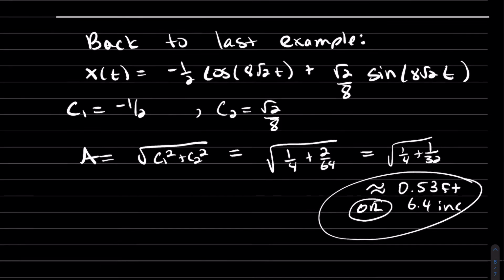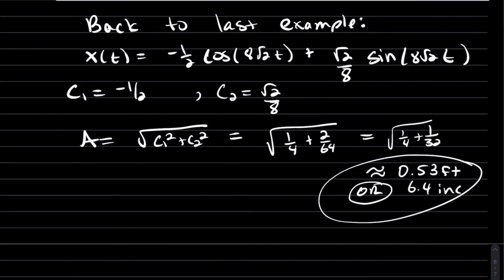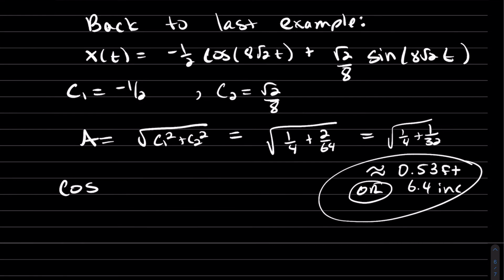Okay, so let's look at phi. We have cosine of phi equals C2 over A divided by, we need feet, 0.53, which is approximately 0.333.